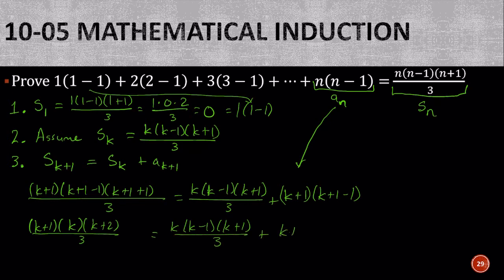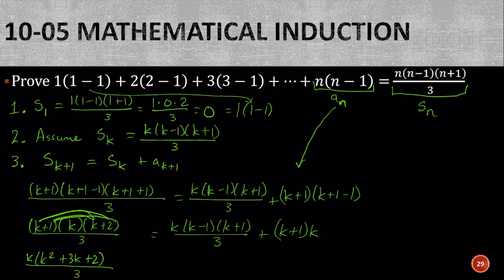This would be k plus 1 times k. All right, multiply things out. I'm going to multiply the binomials first, which would be k squared, 2k and 1k would make 3k and 2.